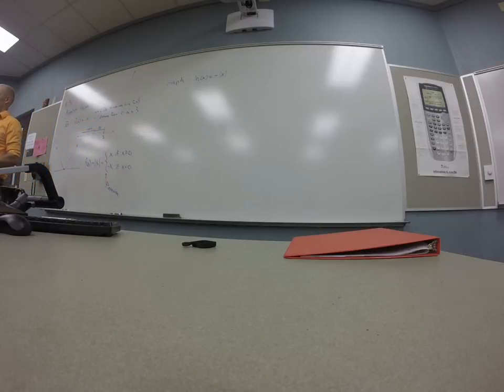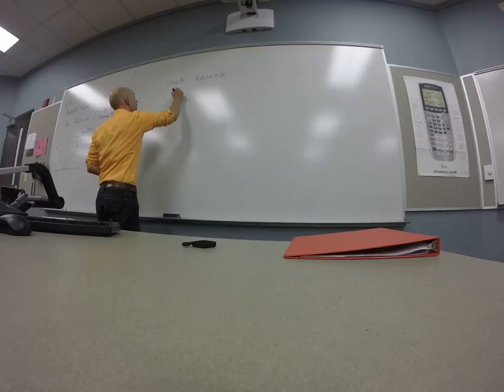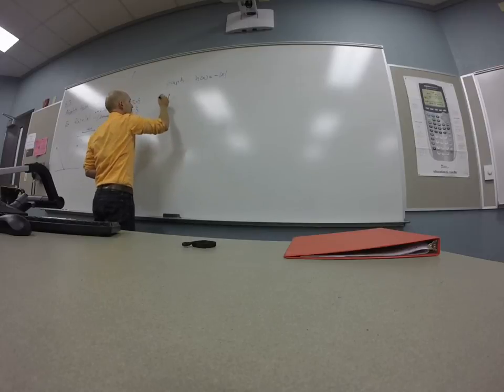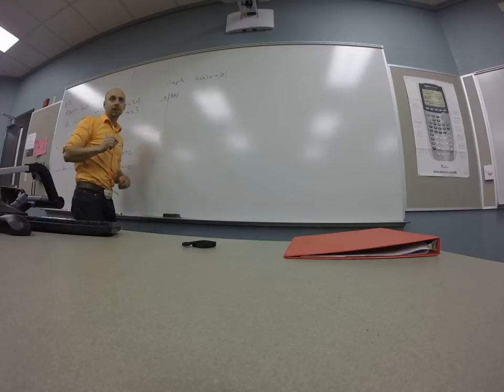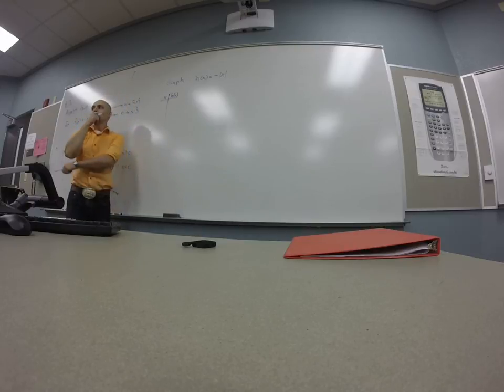So how do I do this? Okay, let's start with a chart. That's a good idea. I'm going to have x's and h of x's, right? What are your 5 favorite points?